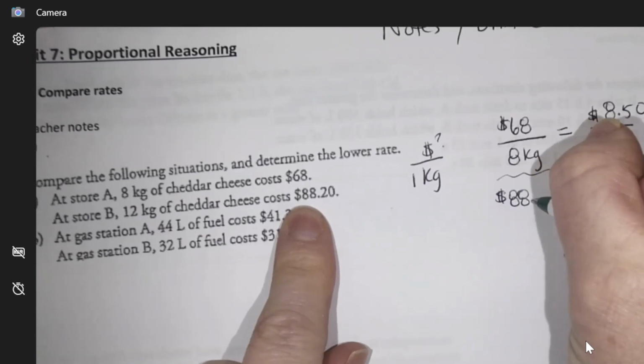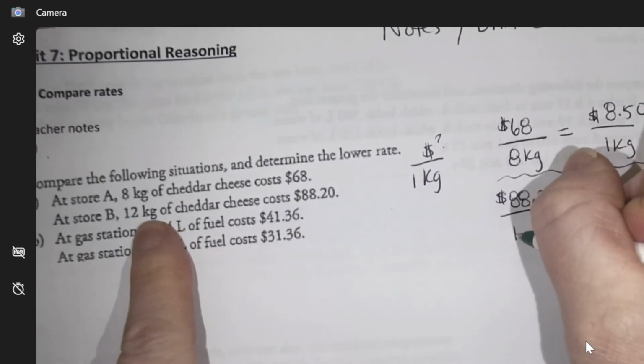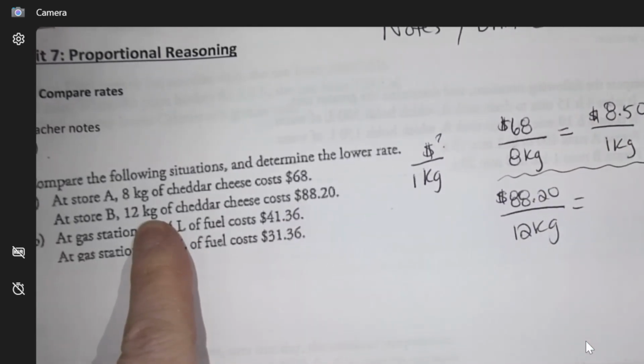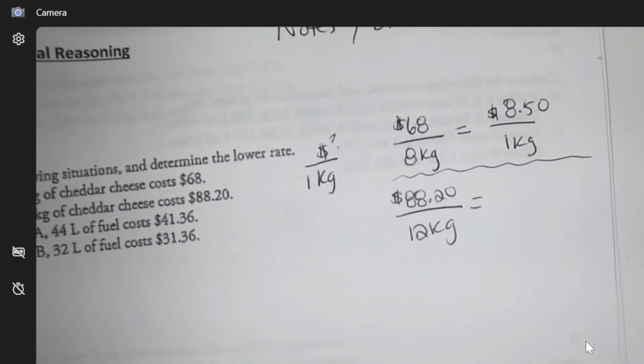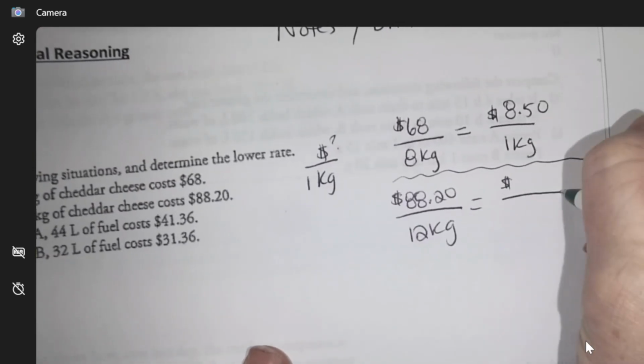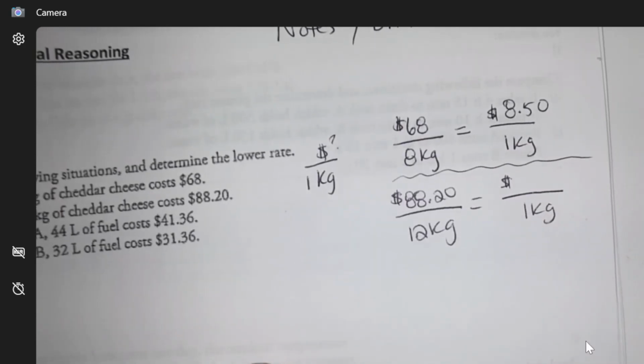It was $88.20 for 12 kilograms. So what is going to be the unit price? So what per 1 kilogram? How much would it cost you for 1 kilogram there?